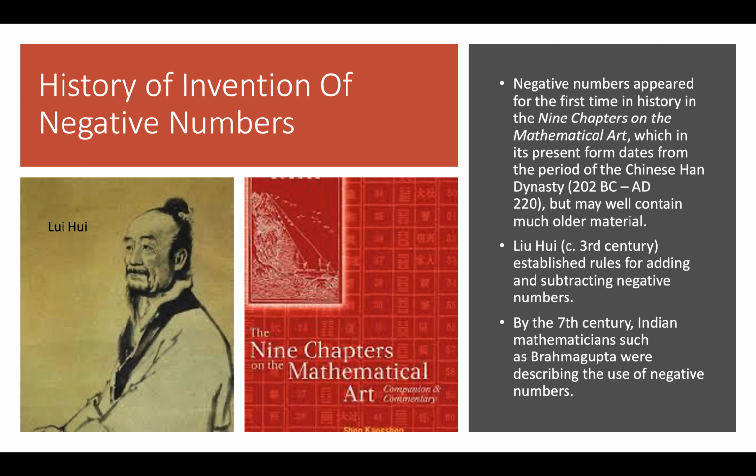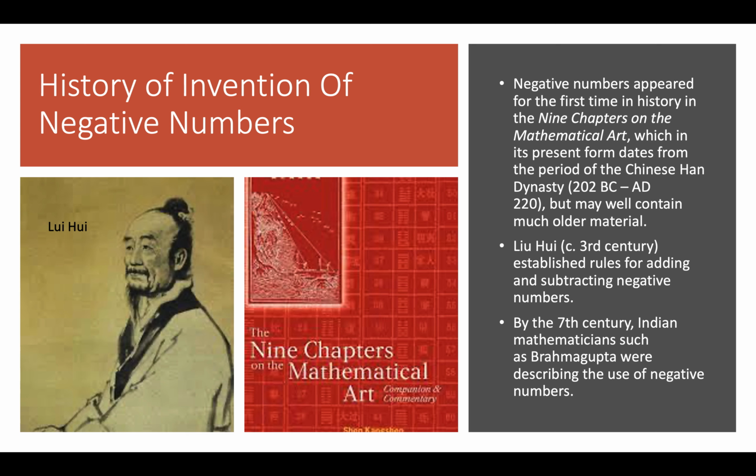Now, moving on to the history of negative numbers. Negative numbers appeared for the first time in history in the Nine Chapters on the Mathematical Art, which in its present form dates from the period of the Chinese Han Dynasty, 202 BC to AD 220, but may well contain much older material.